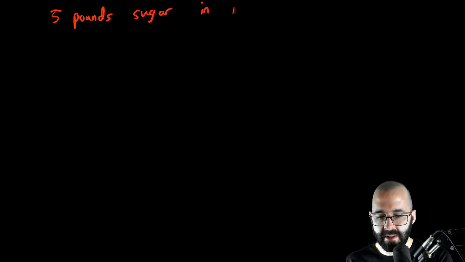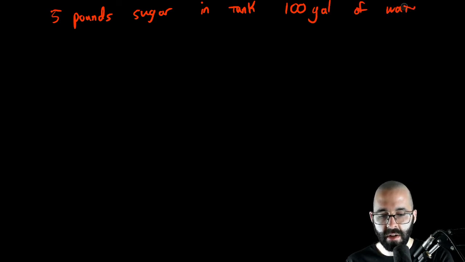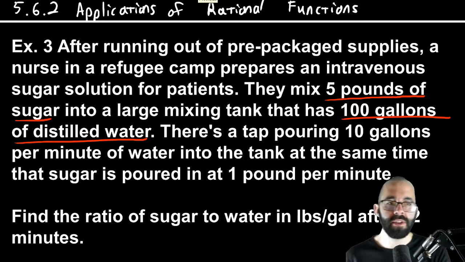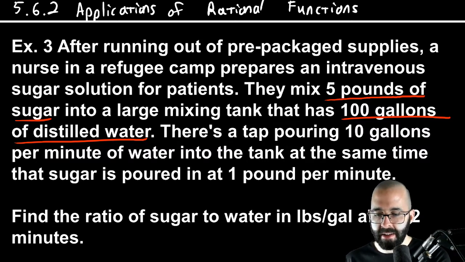Okay. So 5 pounds of sugar in a tank with 100 gallons of distilled water. That's probably important. So write it down. There's also a tap that's pouring 10 gallons per minute.